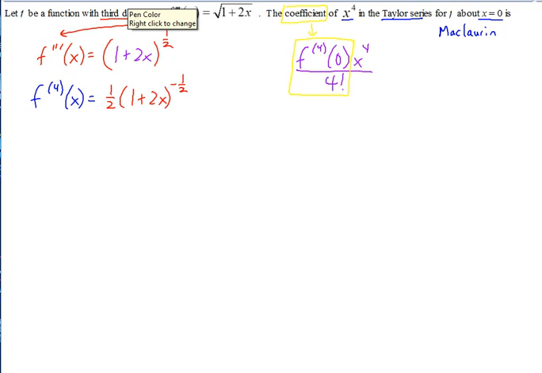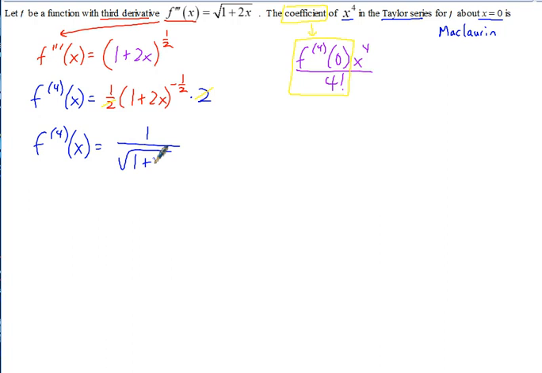But then using the chain rule, we have to multiply by the derivative of the inside. The derivative of 1 is 0, derivative of 2x is 2, so times 2. And then notice what would simplify there: the 1/2 and the 2 reduce out. And then if we rewrite this in a simpler form without the negative exponent and switch it to radical form, it's going to be 1 over 1 plus 2x to the 1/2, which is the same as 1 over the square root of 1 plus 2x.